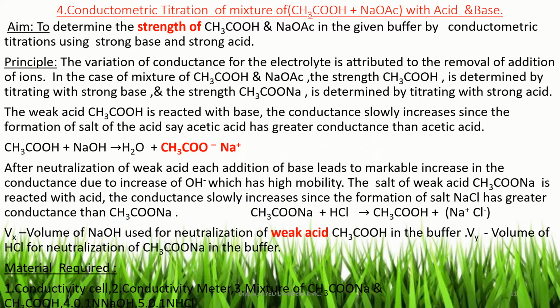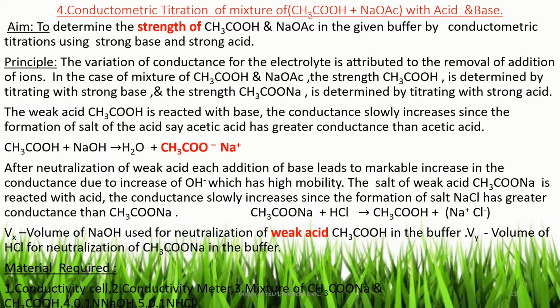That is, the weak acid, acetic acid, is reacted with the base. The conductance slowly increases, since the salt of the acid, sodium acetate, has greater conductance than acetic acid. That is, acetic acid is a weak acid with a low degree of dissociation, and it reacts with sodium hydroxide forming sodium acetate, and this salt has somewhat greater conductance than acetic acid.